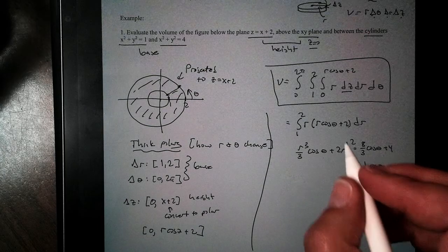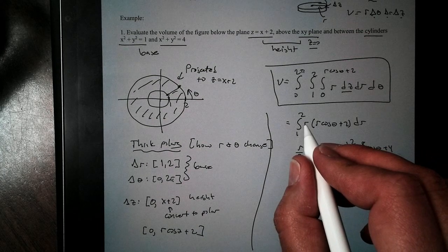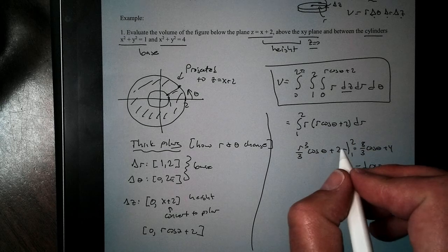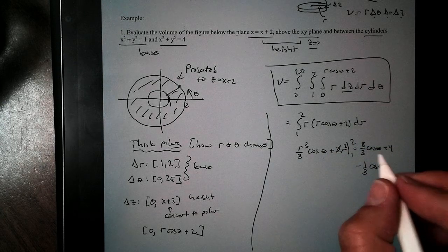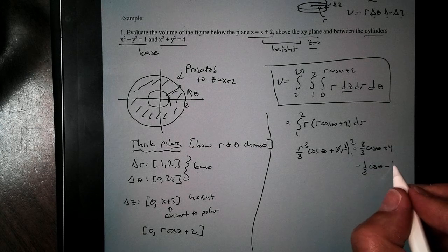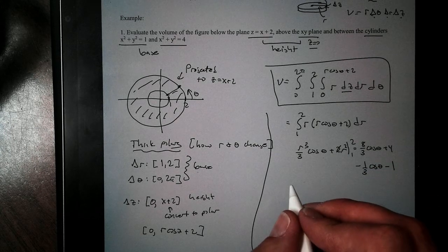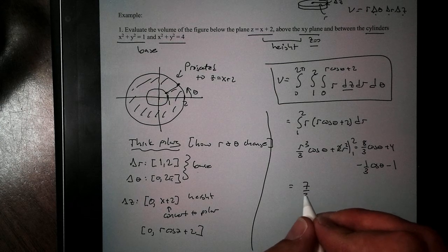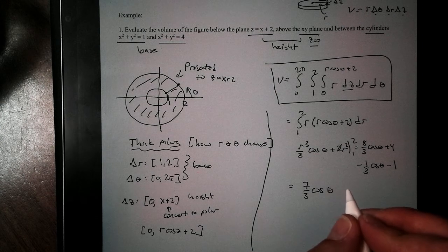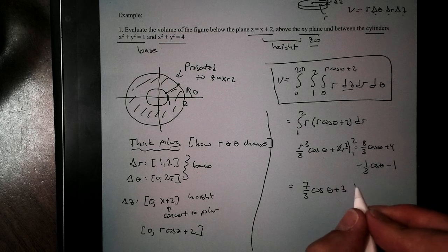Some of you probably noticed, but when I distributed my r, I forgot to put it here, so this is really r squared there. So that's still 4, but when I plug in the 1, we get minus 1 right there. Sorry for that. If you simplify this, we get 7/3 cosine theta plus 3 d theta.